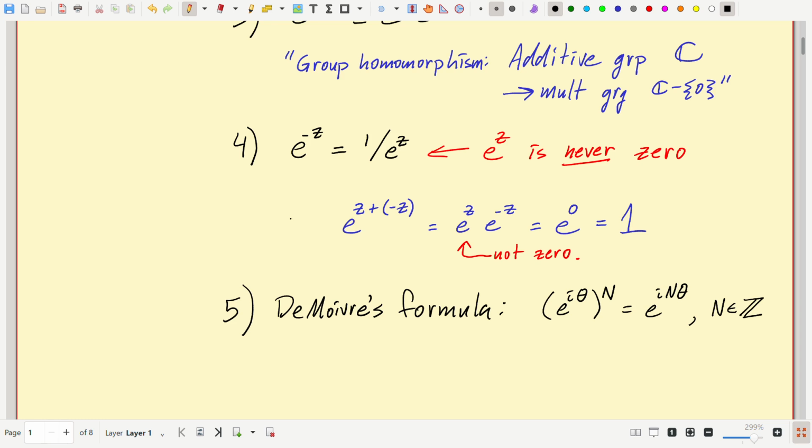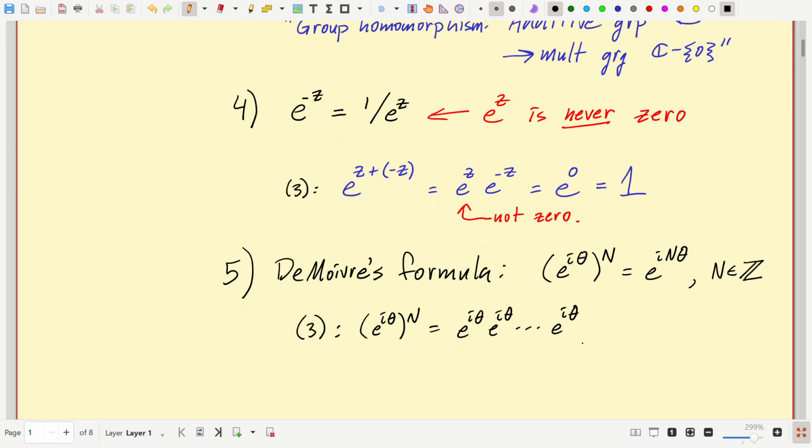I'm using number 3 here to see this. e to the i theta to the n would be e to the i theta times e to the i theta, n times. I take the first two and use number 3, and then I take those plus the third and do number 3 again, and keep doing it, n times.